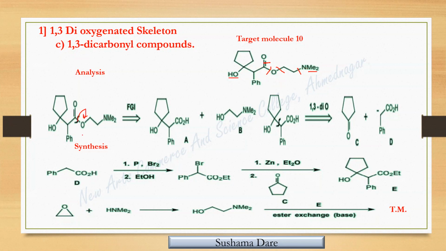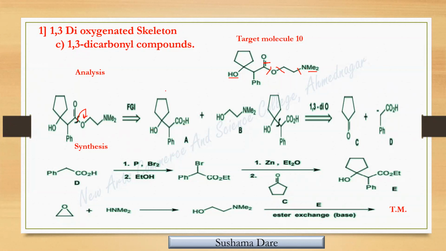Now this CO plus is COX or COOR, and that can be obtained from the acid functional group. So the best synthetic equivalent for the CO plus is COX or COOR, and that is obtained from the acid functional group.